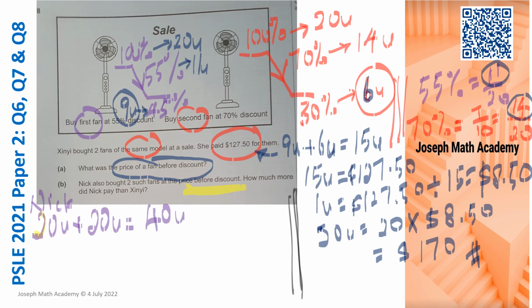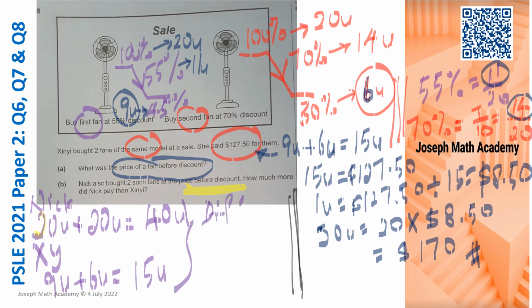All right, and then Xing Yi paid 9 units for the first fan and 6 units for the second fan. So Xing Yi paid 15 units. So there is a difference. So what's the difference? The difference between them is 40 units minus 15 units.